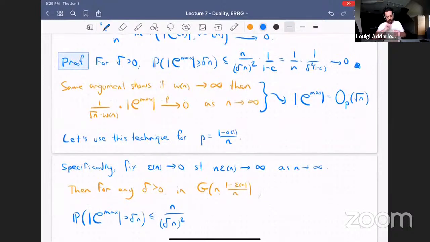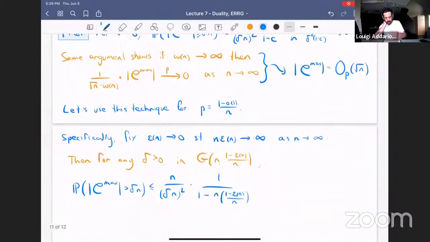But now I have 1 over 1 minus np, so that's n times epsilon n over n. And so that's 1 over delta squared times 1 over n epsilon n. And now, because I assumed that n epsilon n tends to infinity, this still tends to 0.